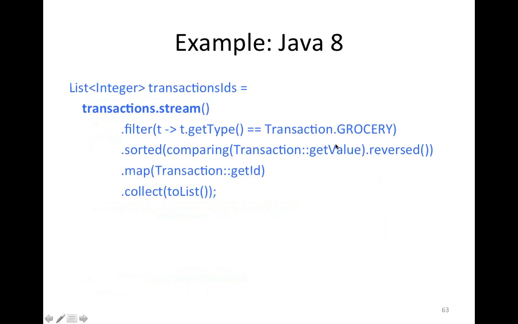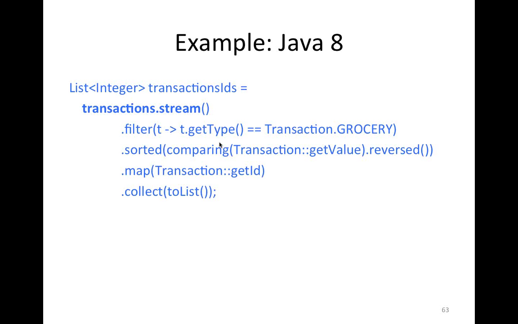Using the Streams API, you no longer have to implement all those different patterns. You can actually mix them up. So in this code, we're saying, given a list of transactions, get me a stream view. This is what the .stream method does, and then we have access to all those nice operations. So here we say, filter the transactions that are related to grocery.